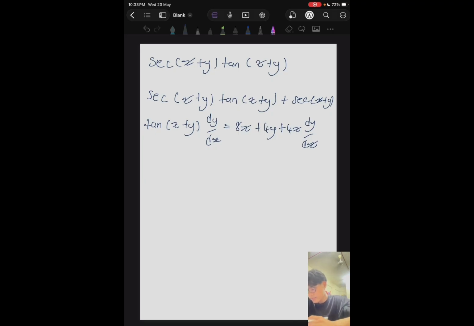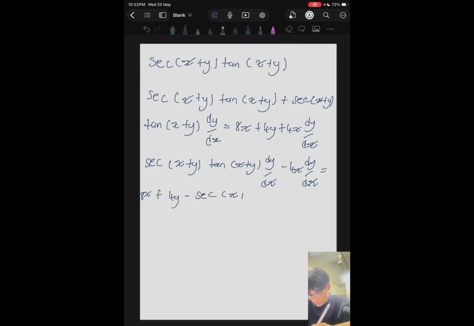So it will be so much like this: sec squared (x plus y) dy over dx minus 4x dy over dx equal to 8x plus 4y minus sec squared (x plus y). And this is for the second step.